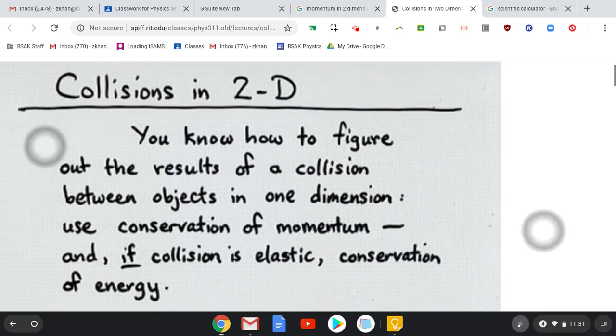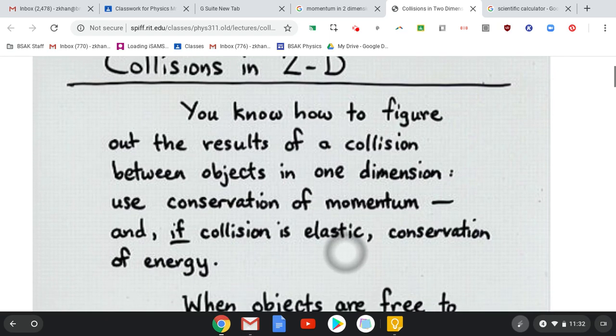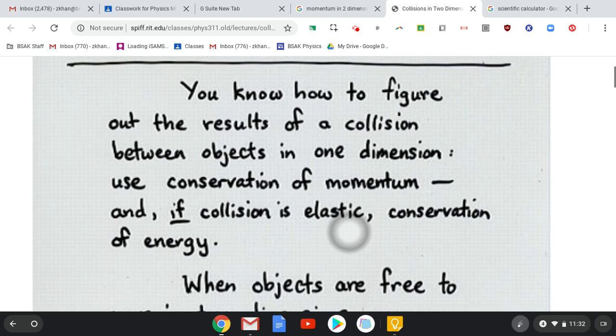Now, I'll explain these notes with additions. So collisions in 2D, make these notes as you go along, and any additions if you feel necessary. So from mechanics in year 12, the first mechanics section that you looked at earlier on in the year, you looked at the conservation of momentum, but in one dimension.